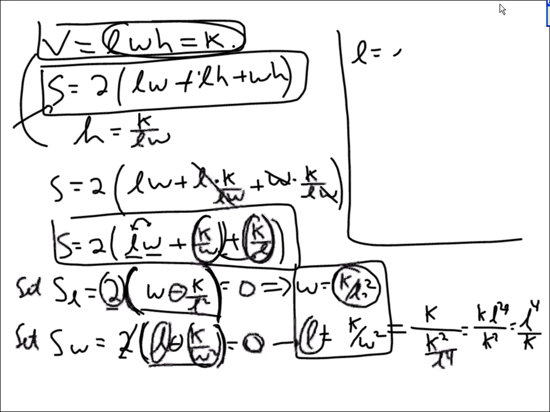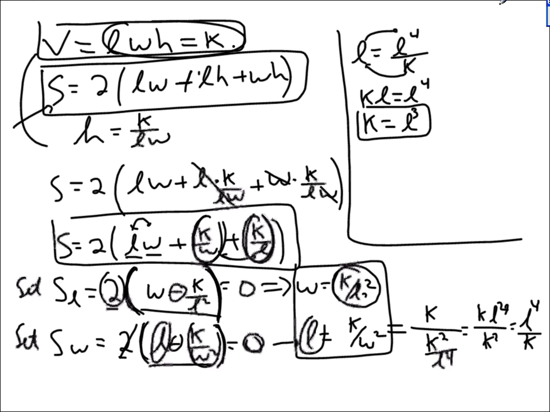L is equal to L to the 4th over K. So KL equals L to the 4th. Dividing both sides by K, I meant to say L, we now know that K is L cubed.